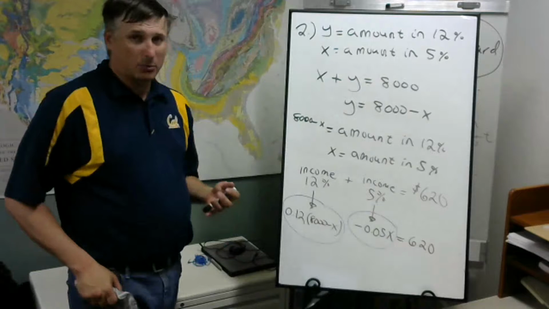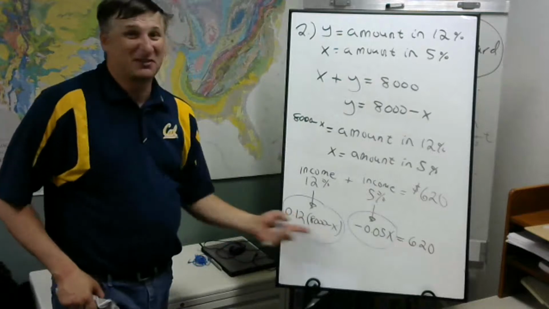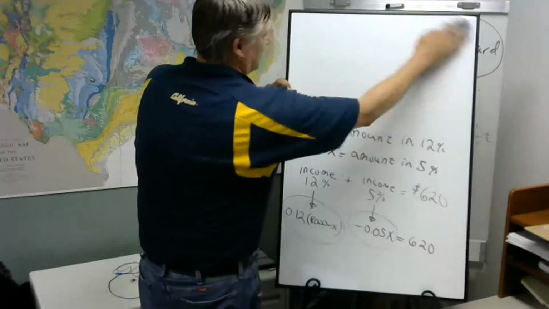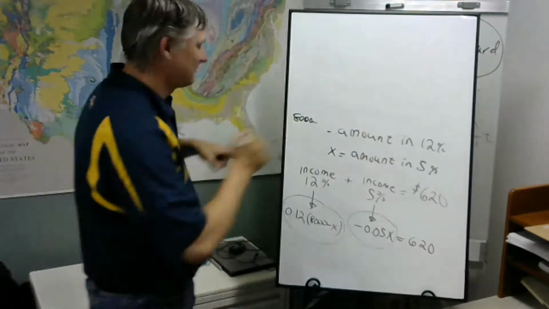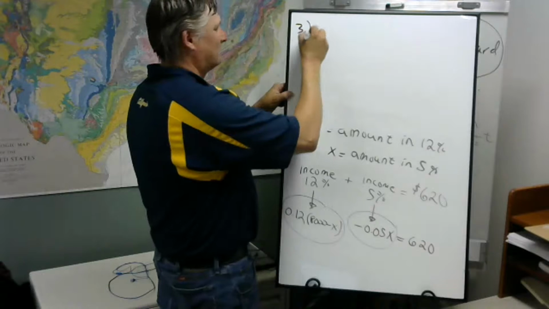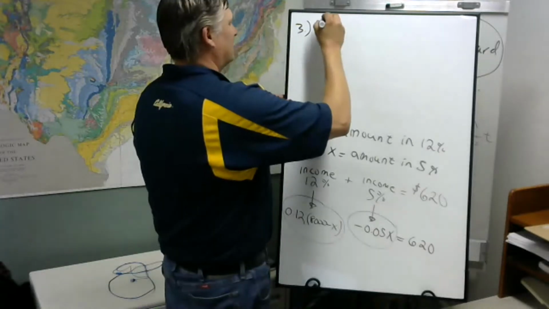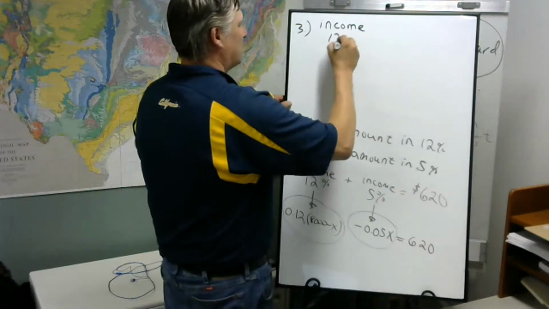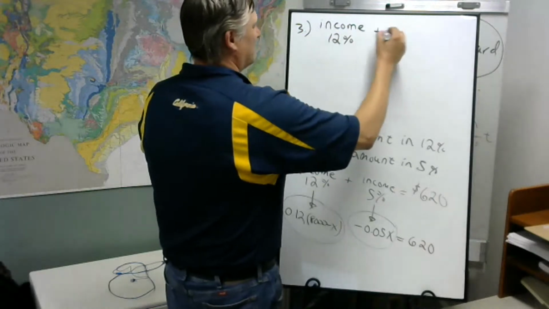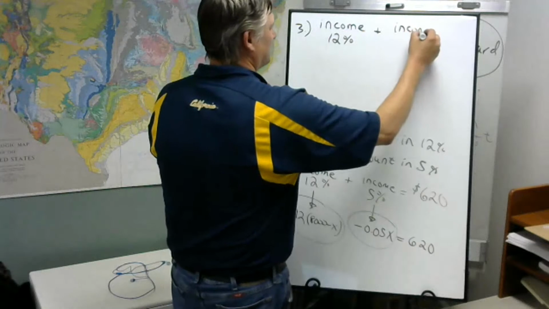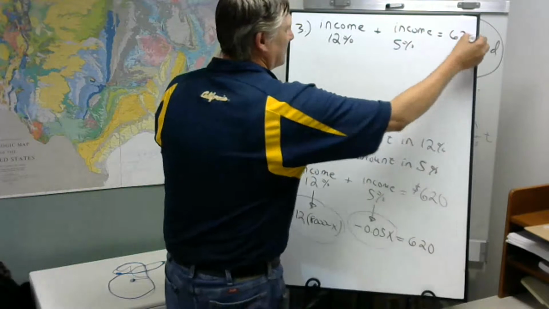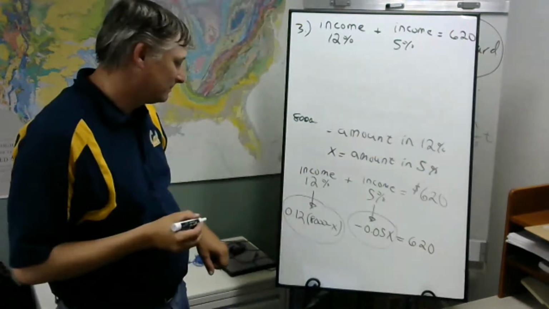Now we're going to come up with our equation. It's basically staring us in the face. Income from the 12% plus the income from the 5% comes out to 620.